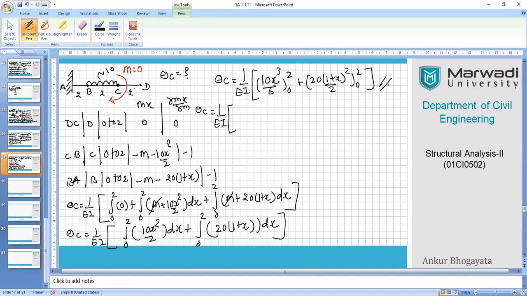So that's what I wanted to tell you, that now you can understand that unless there is a variation in the loading beyond a point, the slope in the cantilever remains constant. That is the outcome of this numerical. That is the important point you have to learn about the behavior of the cantilever. However, the deflection will be different.